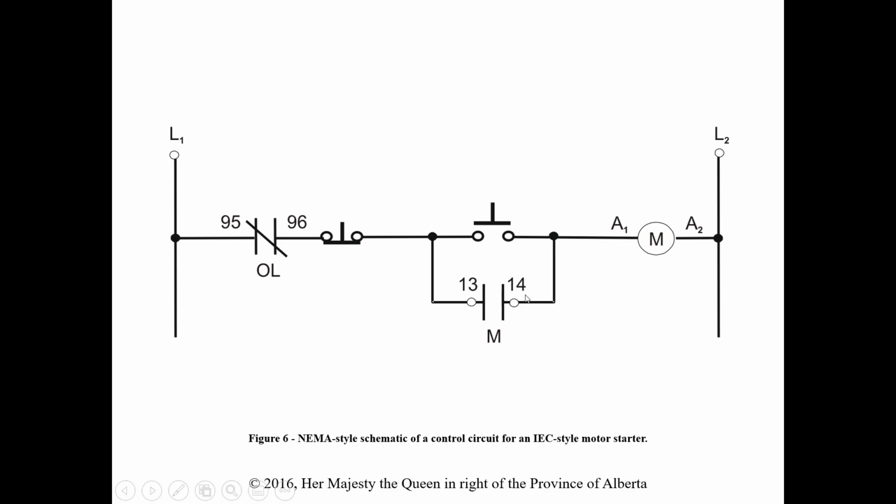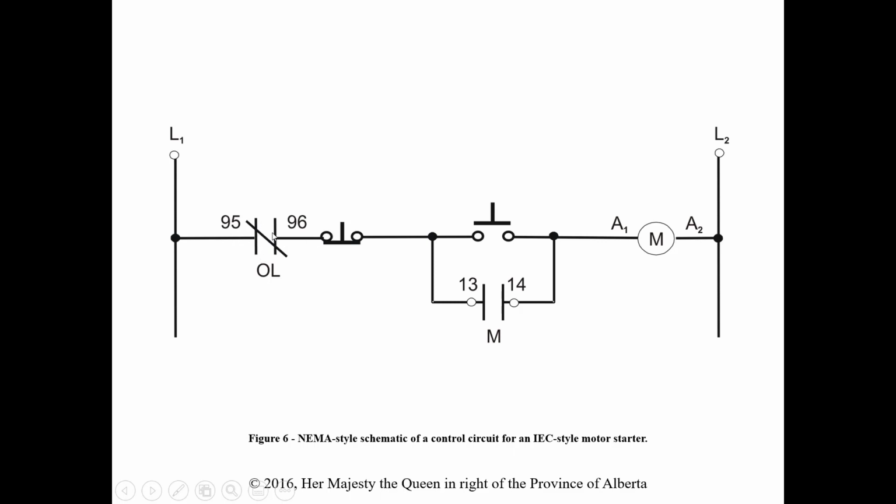Our normally open contact associated with the coil is still labeled M to show us that it's associated with this coil, but they're labeled 13 and 14. And then our overloads are at the front of the circuit, so they're attached to line 1 instead of line 2. As soon as I see that, it tells me instantly that this is IEC labeling.